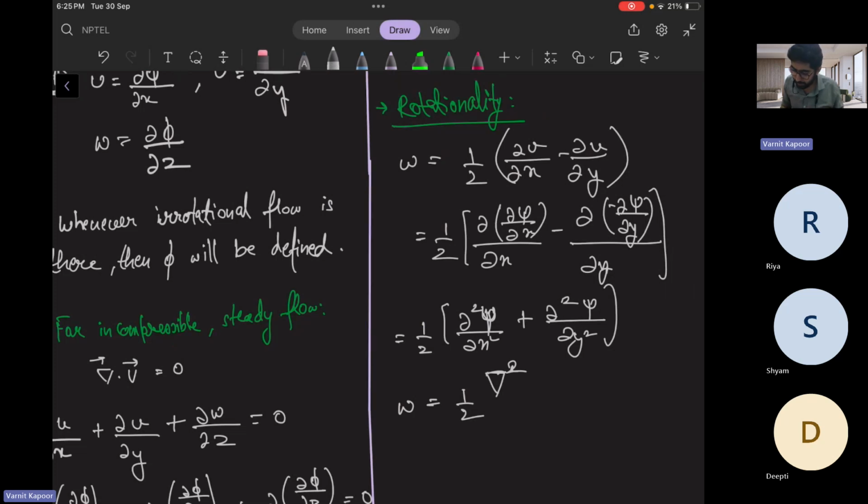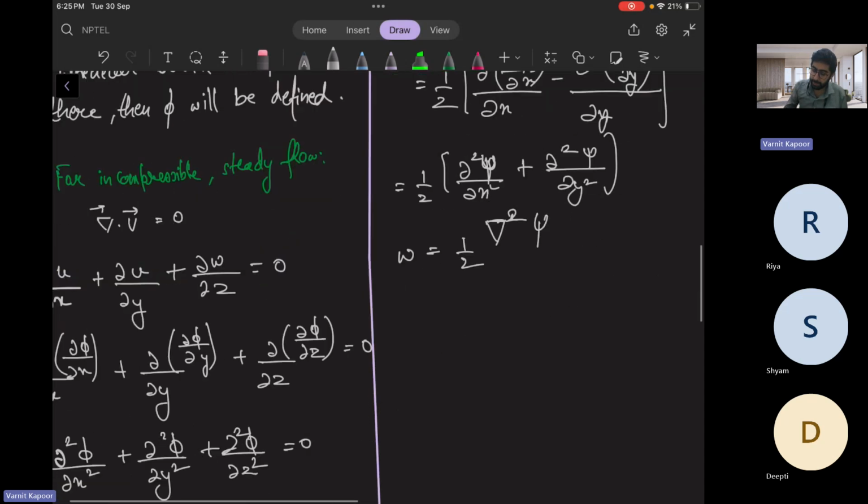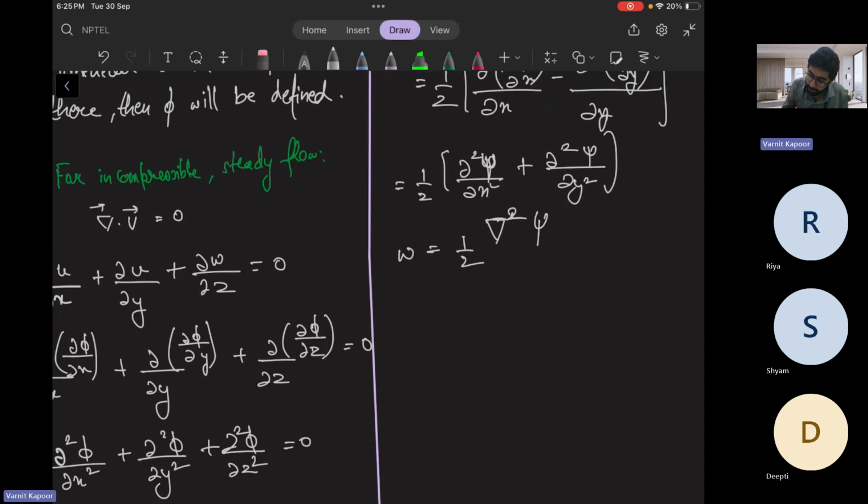Again, we have said that it is defined for the incompressibility condition, which it should satisfy. So when I say that dou square psi is 0, we are talking about the Laplace equation.